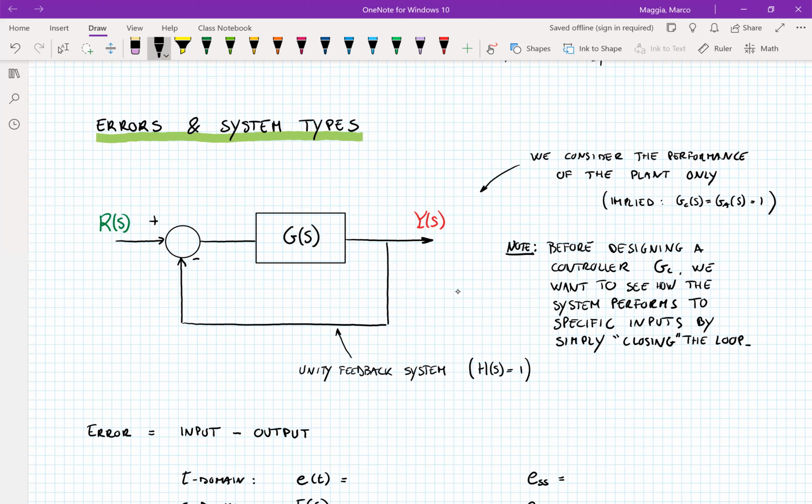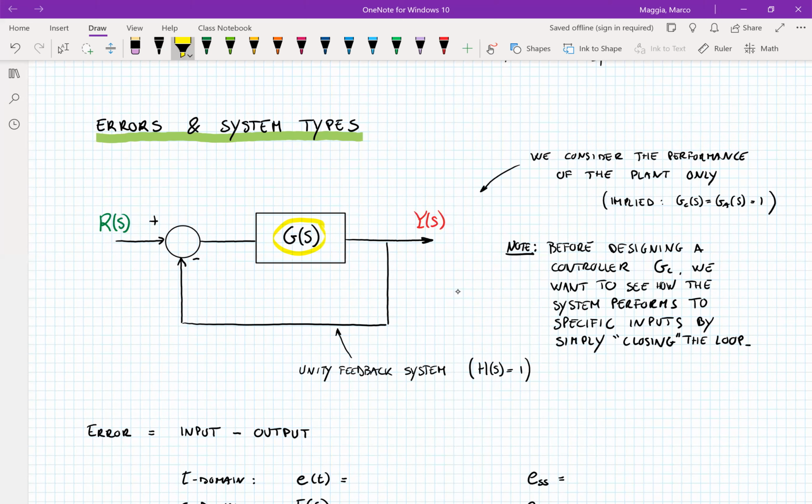And here we simply have the process. Let's say that we can ignore the control. It doesn't really matter here. We just want to see how to calculate the error. In fact, what is usually done before designing an actual controller is to take the process, close the loop, and see whether or not the final value of the error is below your requirement.